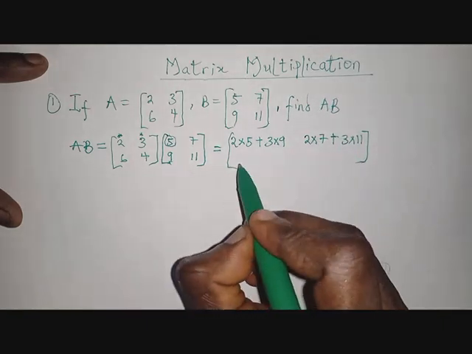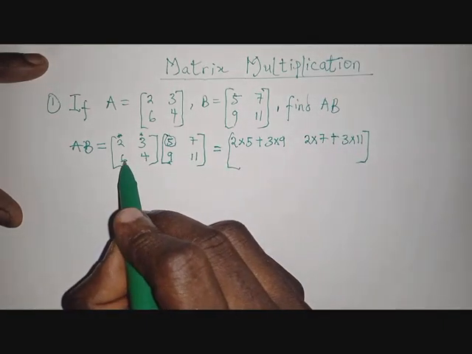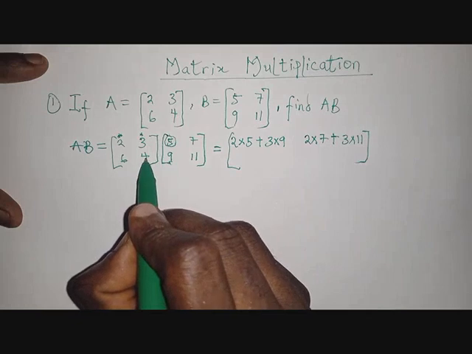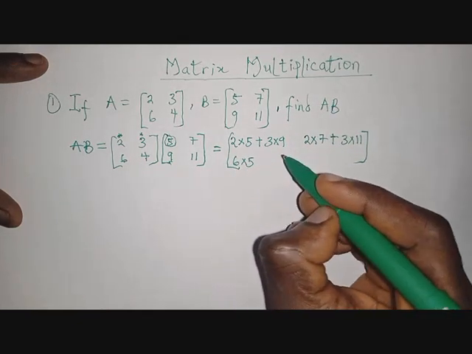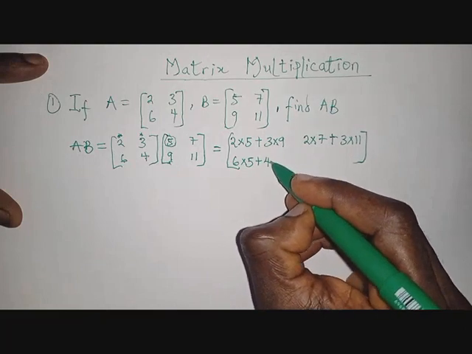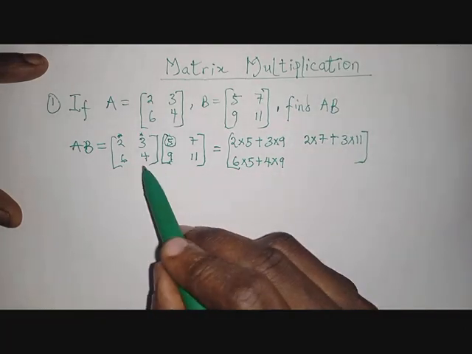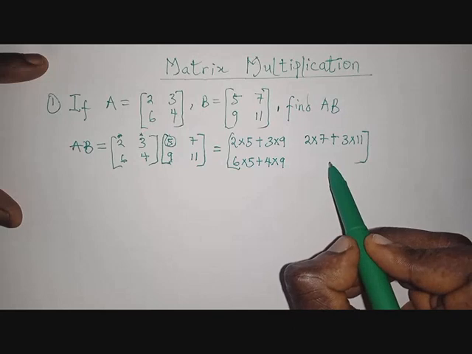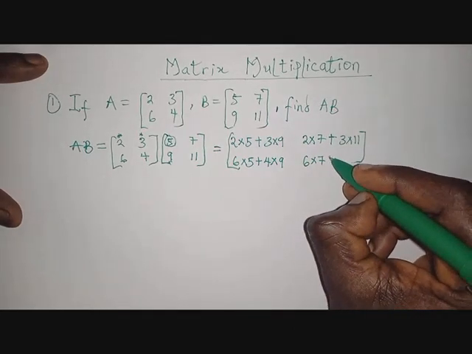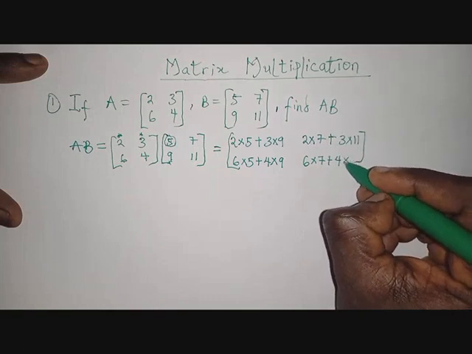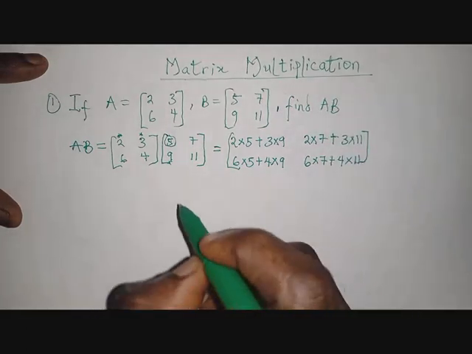So for row 2, column 1, it's going to be 6 times 5 plus 4 times 9. Then for row 2, column 2, it's going to be 6 times 7 plus 4 times 11. So that's what we're going to get.